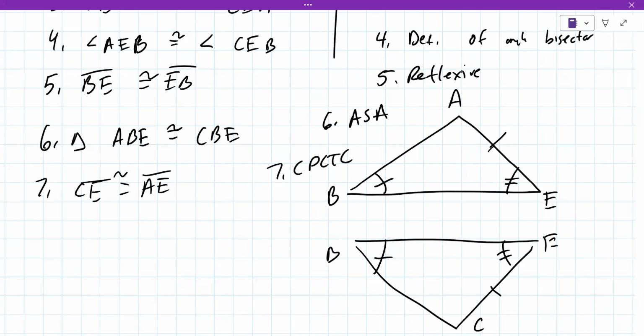Okay, so constructions. Do we need to do some constructions here? Do you want me to show you how to do them?